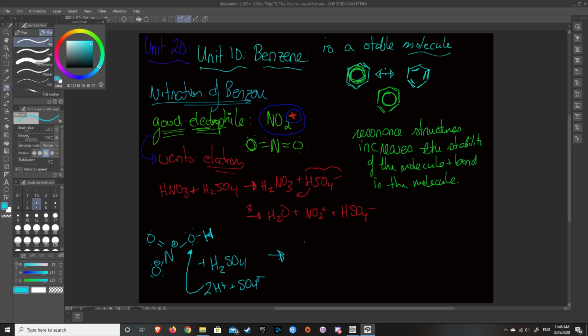So what we get is kind of an intermediate. We get O double bonded to N, single bonded to O with a negative charge. 1, 2, 3, 4, 5, 6. Just let me draw all these lone pairs in. Single bonded to an O, and this is bonded to one H and the second H. So we've got 1, 2.